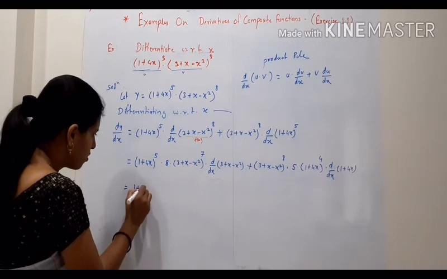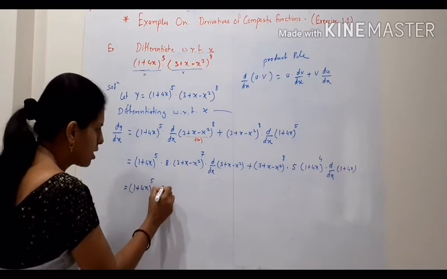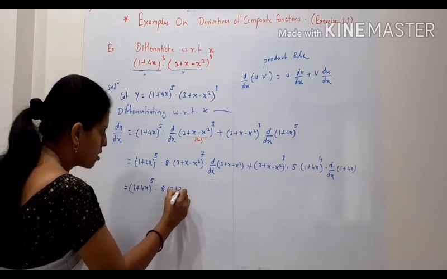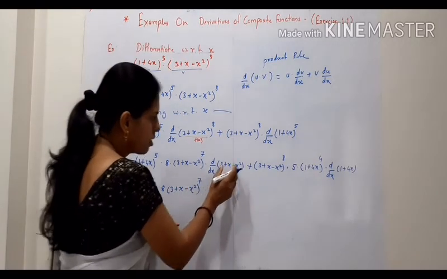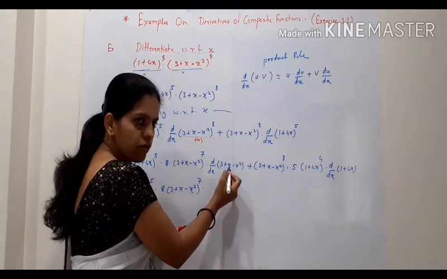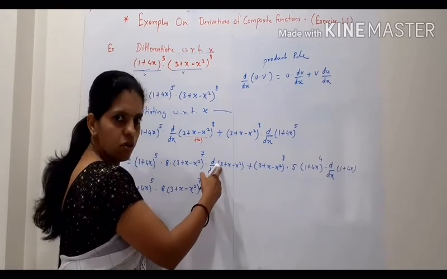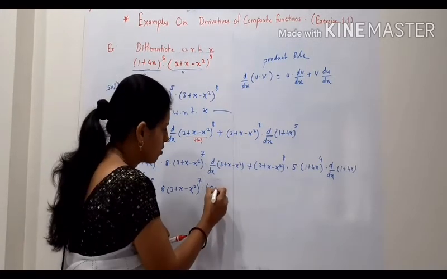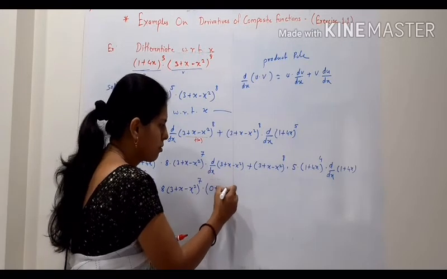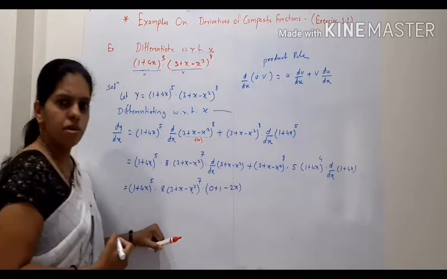Then (1 + 4x) raised to 5 as it is, 8 also as it is, (3 + x - x square) raised to 7 into derivative of 3 plus derivative of x minus derivative of x square. 3 is a constant, derivative of a constant is 0, plus derivative of x is 1, minus derivative of x square by the x raised to n formula, 2x.